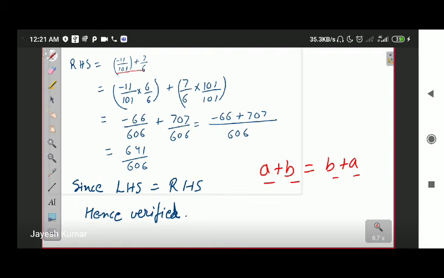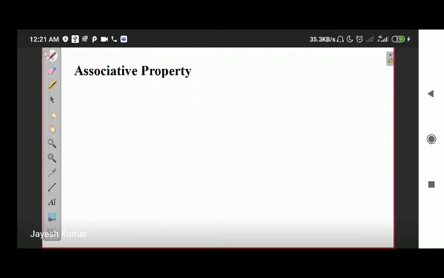Moving on, next property is associative property. Let me write it down quickly. For three rational numbers, let us write this definition more algebraically so that you can understand it better.